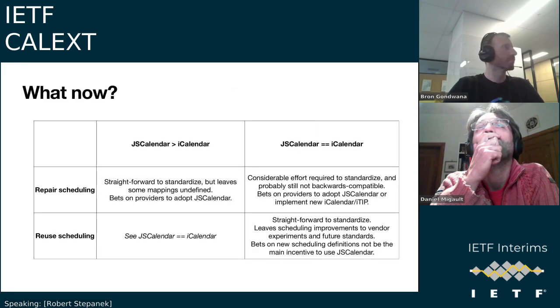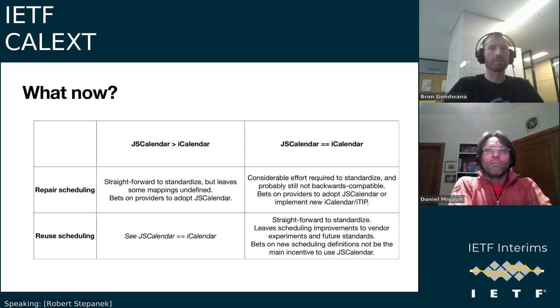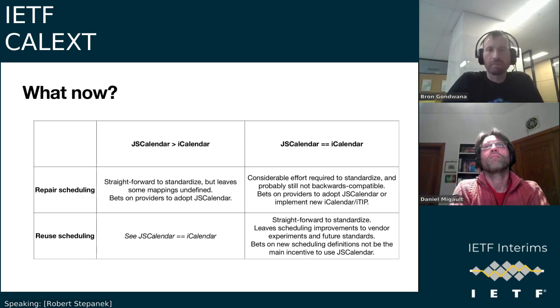And now, I think what we really should do is look at how these approaches and understandings relate to each other. And there, if we go the repair scheduling, so the JS Calendar way, and we say that JS Calendar can have more than iCalendar, then it's really straightforward for us to publish the RFCs.